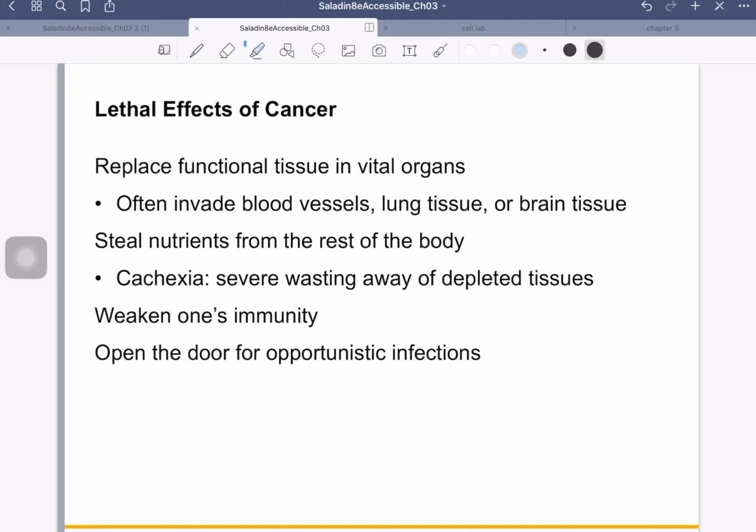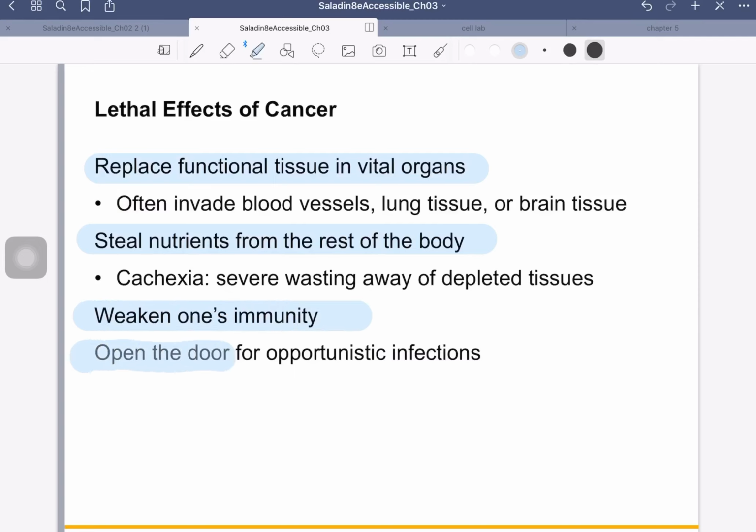And of course, what are the effects of cancer? Well, one of them is that you actually replace functional tissue with non-functional tissue. Also, they're very heavy on the use of nutrients. So it really pulls nutrients from other tissues, which then has an effect on those tissues. Or you can have a weakening of one's immune system.